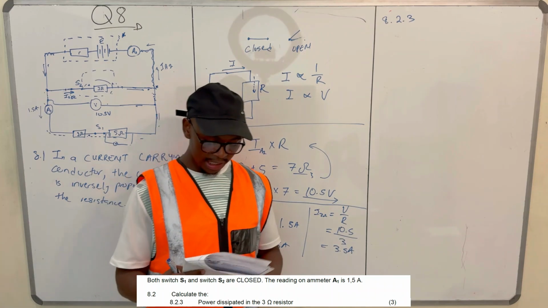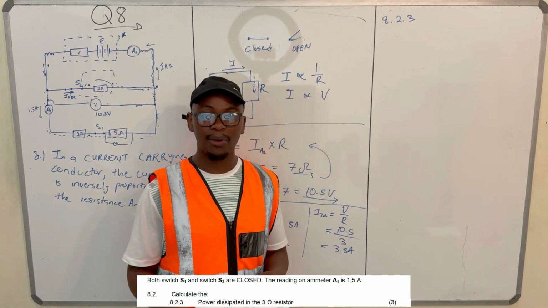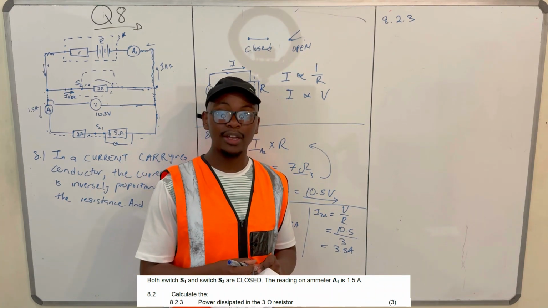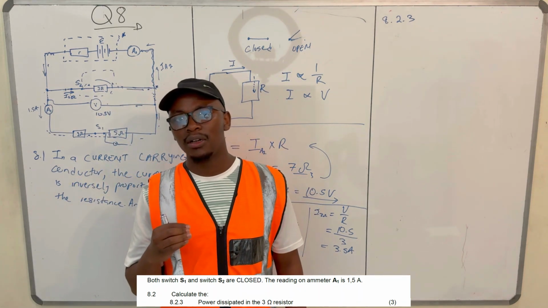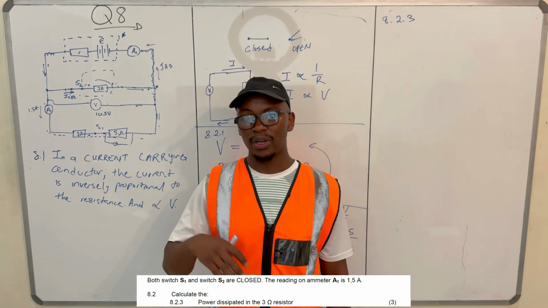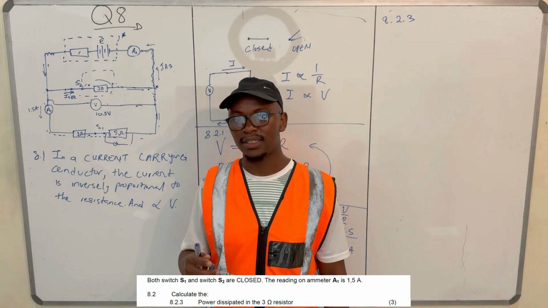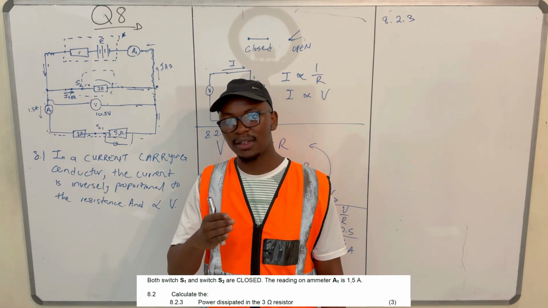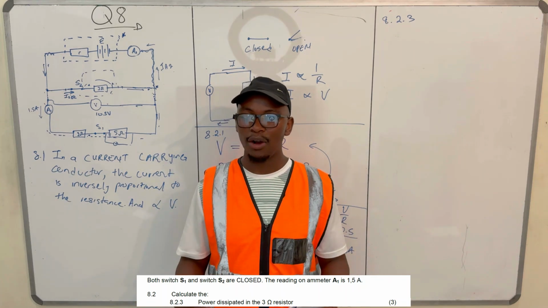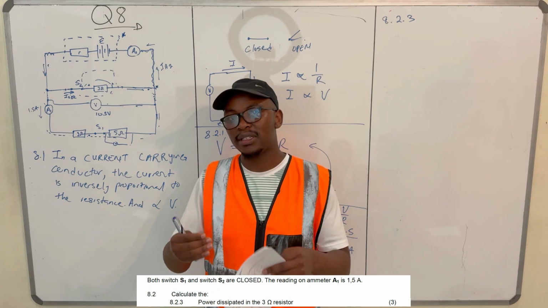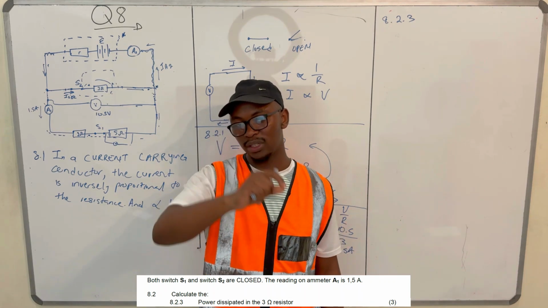Okay, now in this question they're asking you what is the power dissipated in the 3 ohm resistor. Besides going deep into what power is and all of that, ask yourself what is the relationship between power and resistance? How can we find the amount of power dissipated on a resistor if we know the resistance?